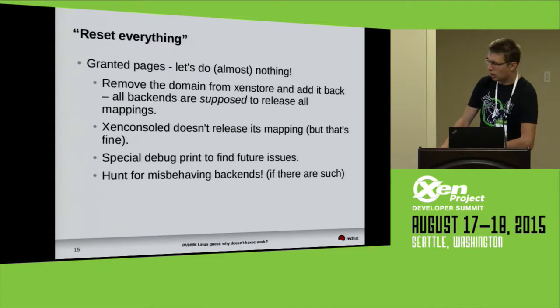Isn't it a problem? It isn't. Why? Because it's the same as when our domain starts. This page is mapped before we actually start our domain, and it's done by the toolstack.